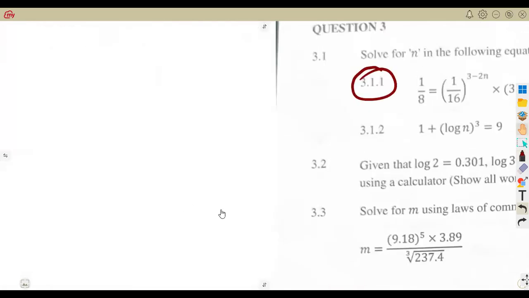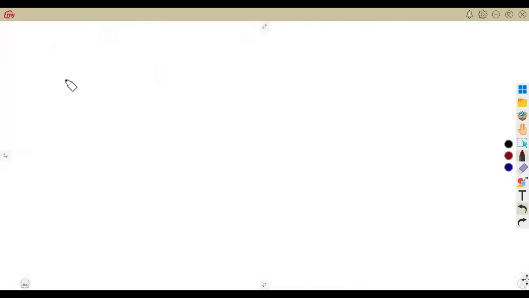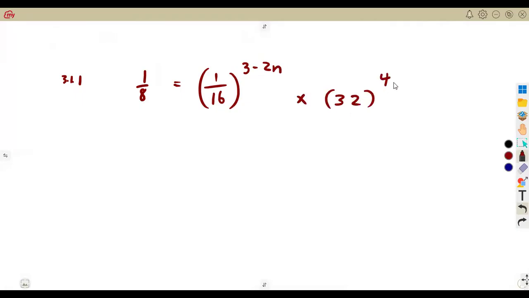Let's just have our question separately. So our question was like this, 3.11. You were given 1 over 8 is equal to 1 over 16 to the exponent of 3 minus 2n, times 32 to the exponent of 4 minus 2n.